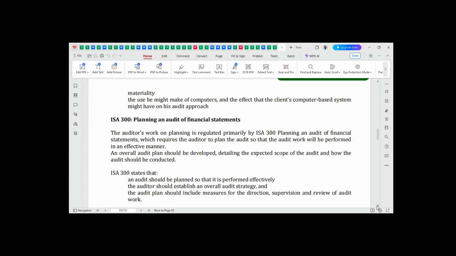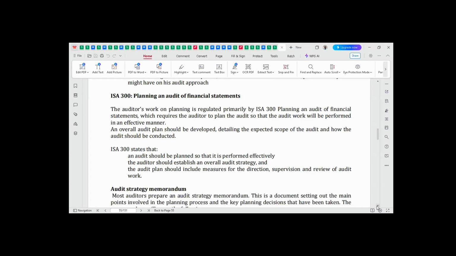Then ultimately, it's going to present that audit documentation and the draft audit report before the engagement quality reviewer, which we have also discussed earlier in chapter 5. So these are what ISA 300 entails, which I just explained.